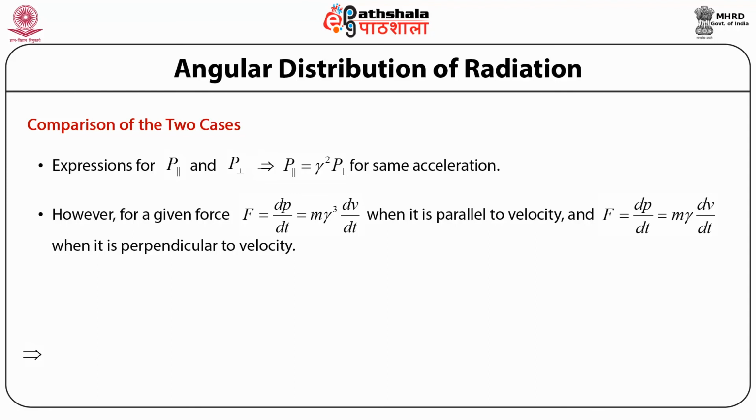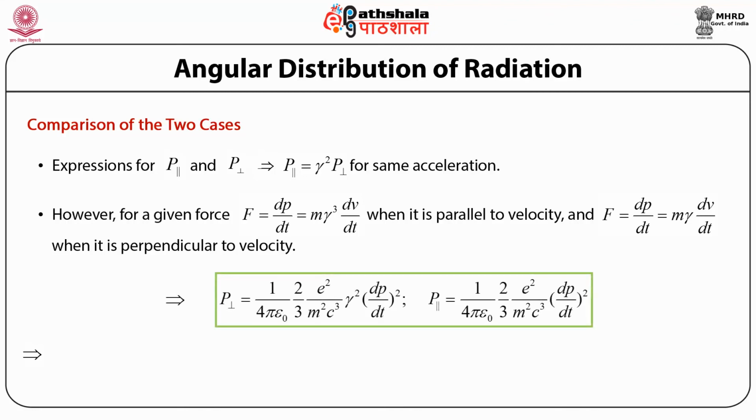Hence, expressed in terms of dp by dt, the power in the two cases are P perpendicular equals 1 divided by 4 pi epsilon naught into 2 by 3 e square by m square c cube gamma square into dp by dt whole square, and P parallel equals 1 divided by 4 pi epsilon naught into 2 by 3 into e square by m square c cube into dp by dt whole square.